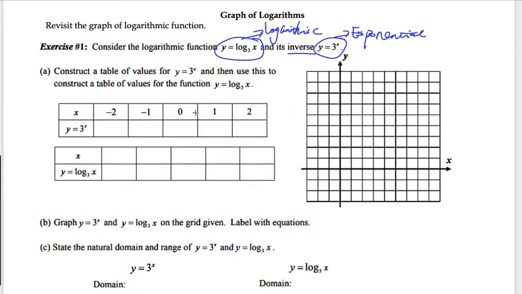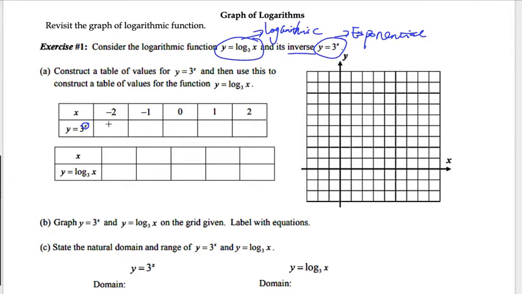Let's do that. So for y equal to 3 to the x power, again, the reason we call it an exponential function is because the variable is in the exponent. Now we are going to use these values of x to find y.